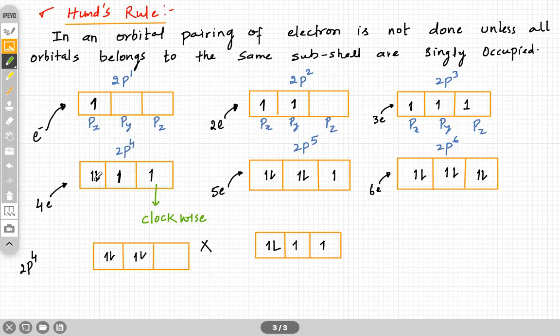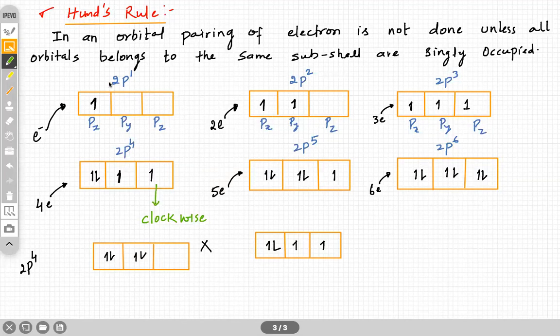To minimize the repulsion, this fourth electron prefers to have anti-clockwise orientation. That's why we place the fourth electron like this, with anti-clockwise orientation. Did you get it?